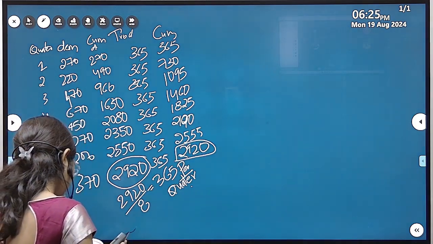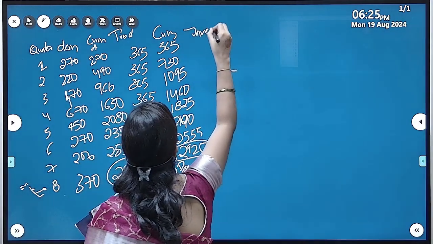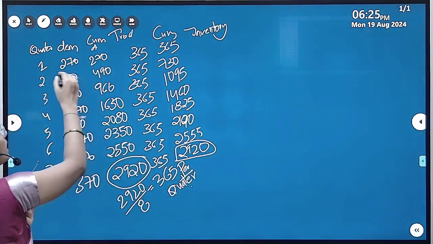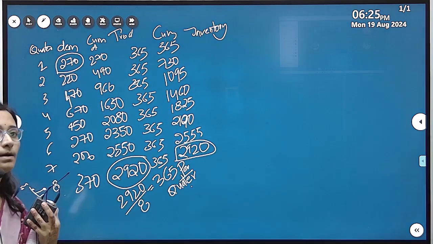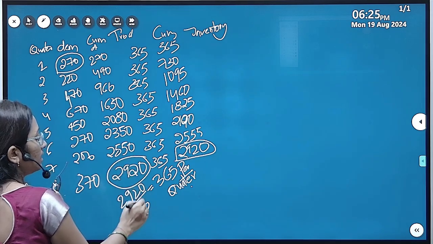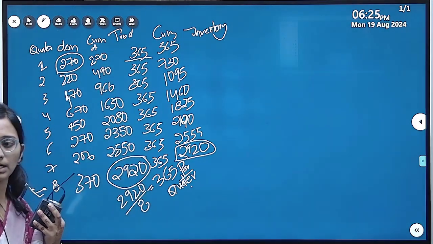So next one, the inventory. How will we get inventory? Tell me. Actually, the demand in quarter 1 is 270. But when we distributed this total demand divided by 8 quarters, we got 365 per quarter.